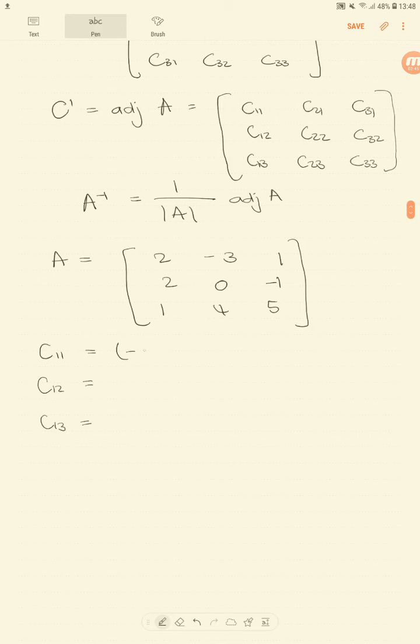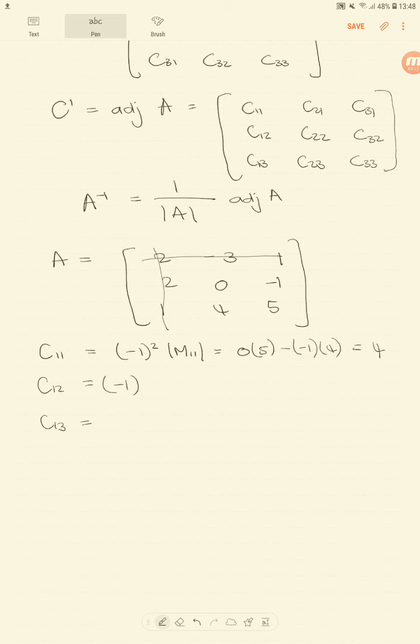So C11 is -1 to the power 2 times the determinant of M11, which is equal to, deleting row 1 and column 1, 0 times 5 minus -1 times 4, which is equal to 4.